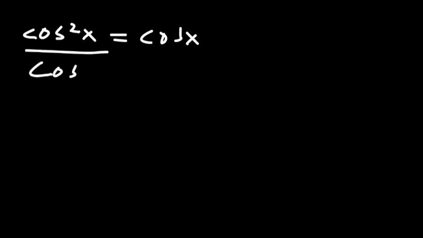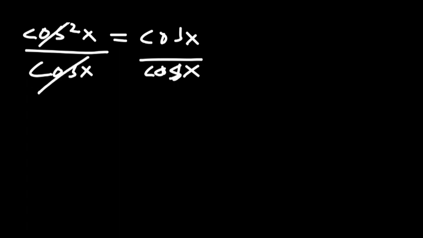Cos squared x is equal to cos x. So we can divide by cos x on both sides.